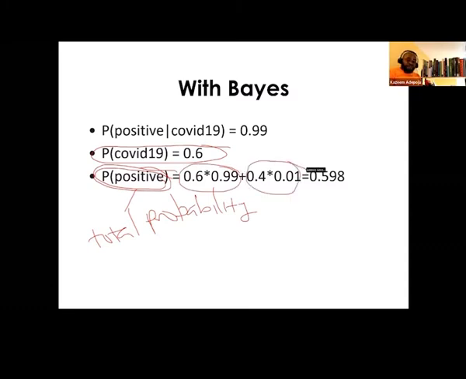The first way, you could test positive when the disease is present. And you could also test positive when the disease is absent. So that is why we call that the probability of positive, which is also called the total probability.